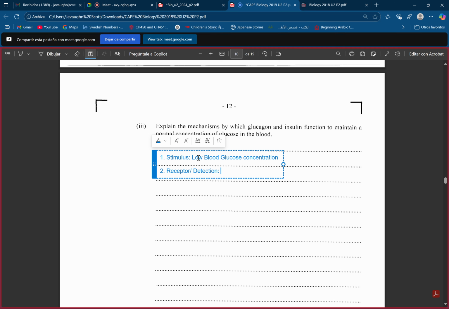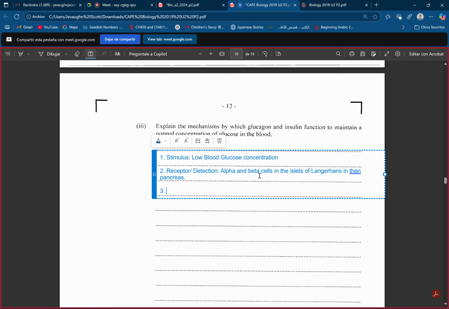Go ahead, repeat what you're saying, the detection one. Okay, hold on. It's Langerhans, right?